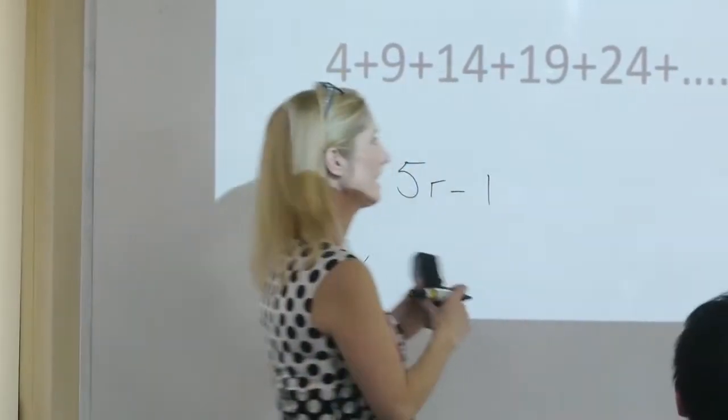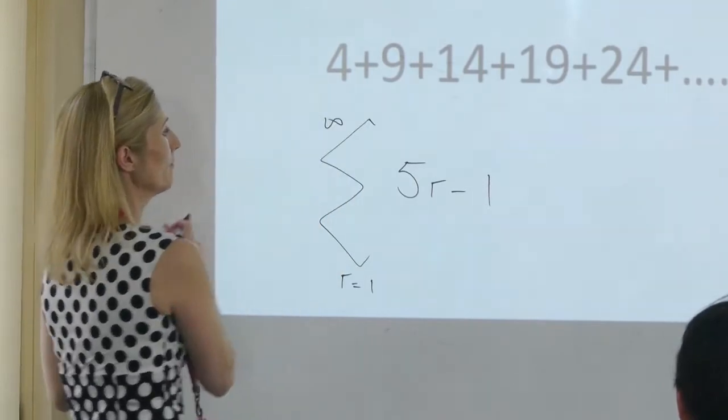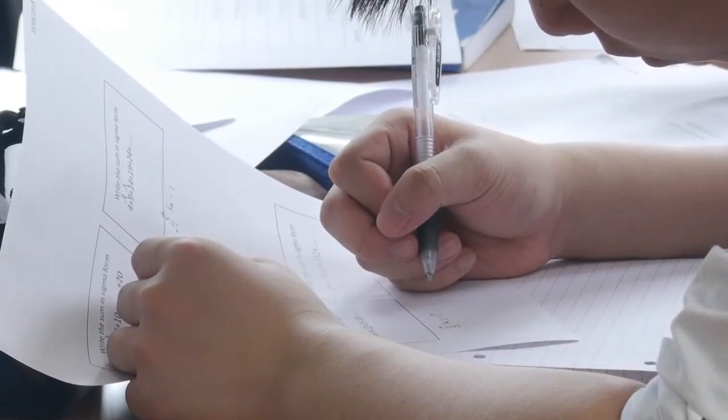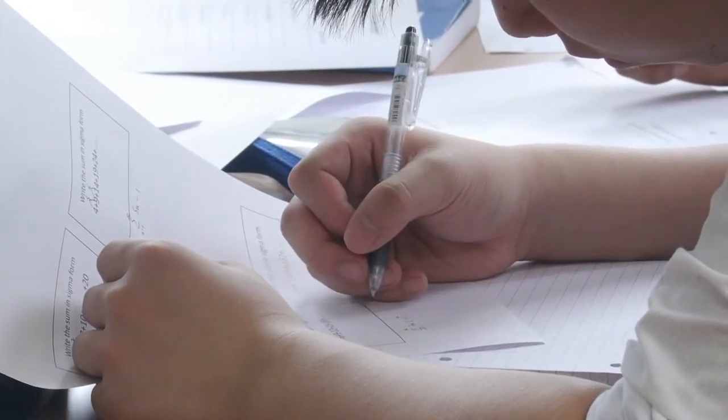It's an infinite series, so we need to put infinity as our top limit there. Is this still an AP or a GP, Bryant? AP or GP? What do you think? AP, well done, AP.